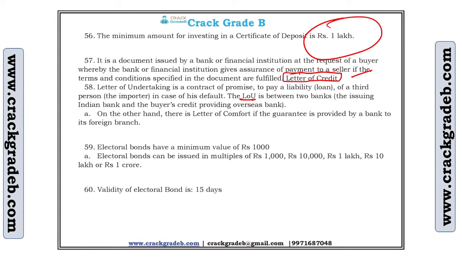These are basically used in import and export. Import and export पे ये सब चीजें use होती हैं. I'll give you an example. Let's say I want to import some shoes from Vietnam, since Vietnam has the biggest leather industry, to sell in India. Now the trader sitting there will not give me goods on debt, right? So I'll go to my bank, and my bank will issue me a letter of credit.